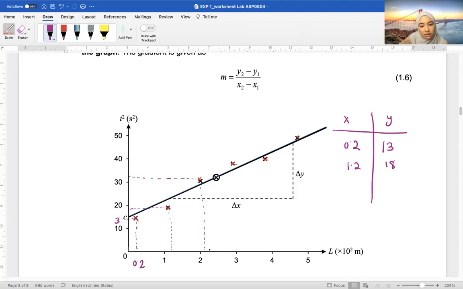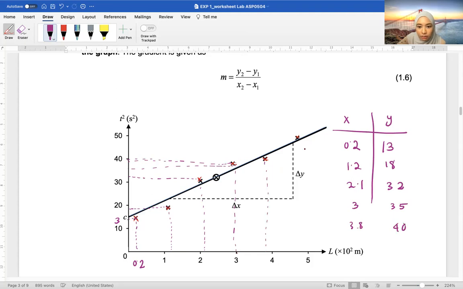Okay, so this is 2.1 and 32 maybe, don't know. Kita just buat data dulu. And then this is 3. This is not actually 40, so it's like, saya tak tahu lah ke mana. 35 kot. This is 3 and this is 3.8, 40.